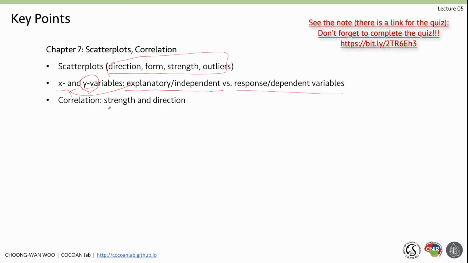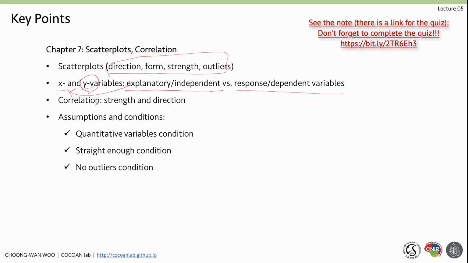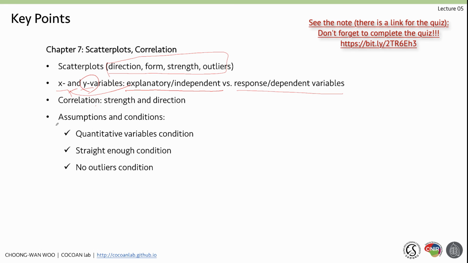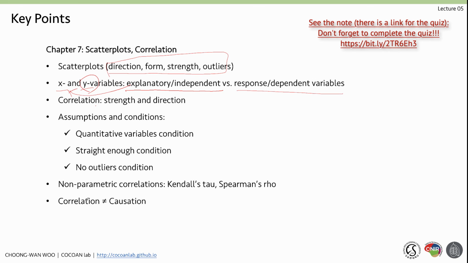And we talked about correlation, which provides information about strength and direction, and correlation has assumptions like the quantitative variable condition, straight enough condition, and outlier condition. And there are non-parametric correlations. And correlation is not the same as causation, and we talked about the correlation table and matrix.